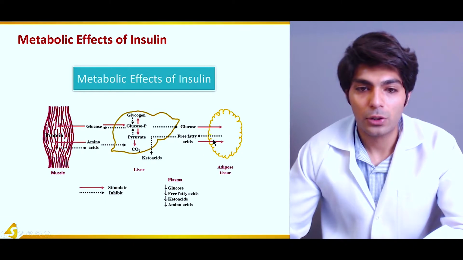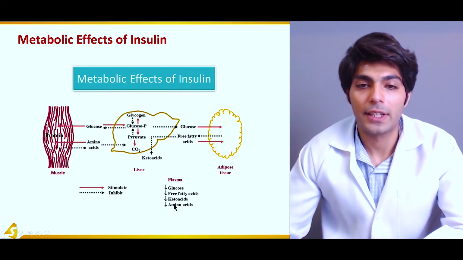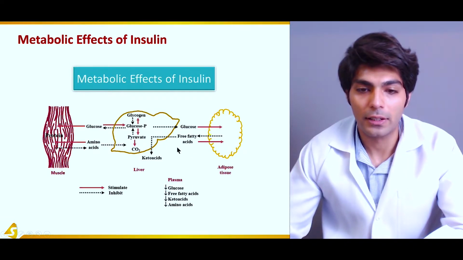The red arrows show the stimulation, while the black arrows show the inhibition. So once the plasma level decreases, free fatty acids decrease, keto acids decrease, and amino acids decrease. These are the effects of insulin on these four metabolic molecules.